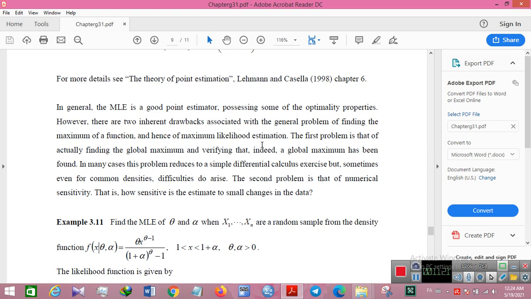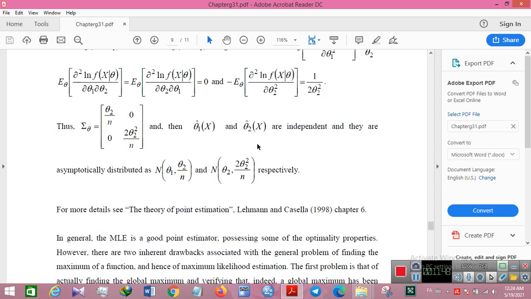However, finding the global maximum and verifying it is global is sometimes very difficult. And sometimes we need iterative methods to find the maximum likelihood estimators.